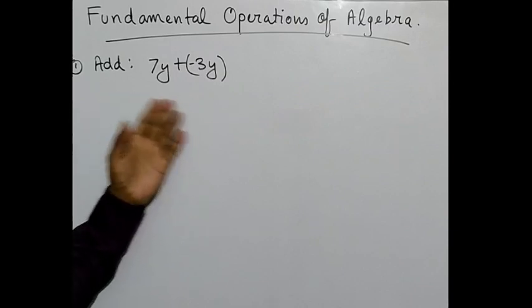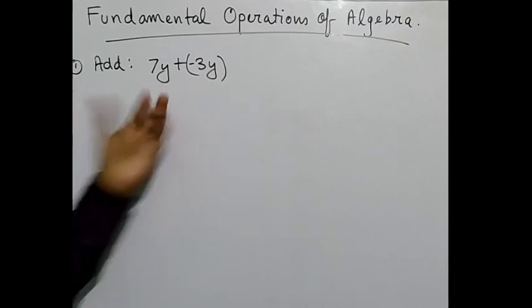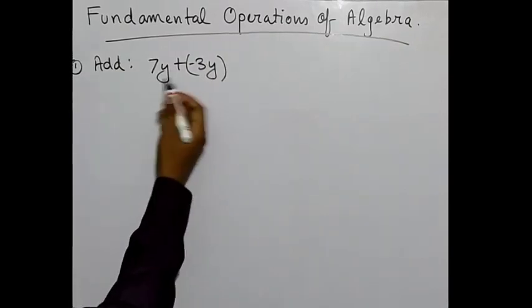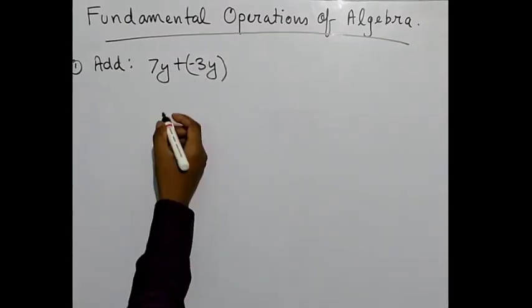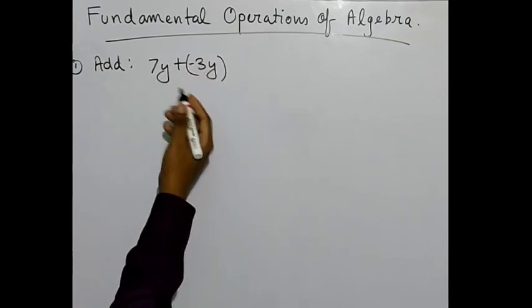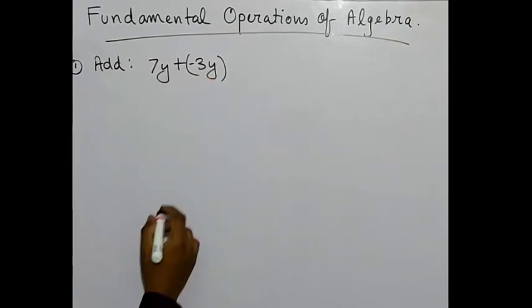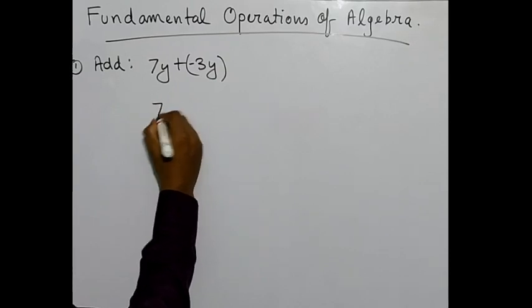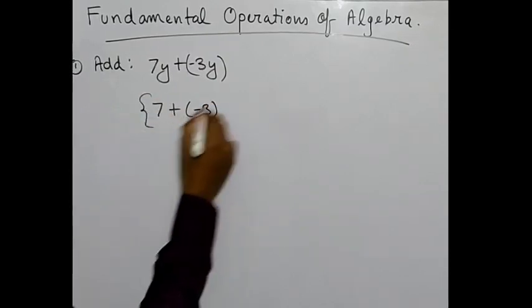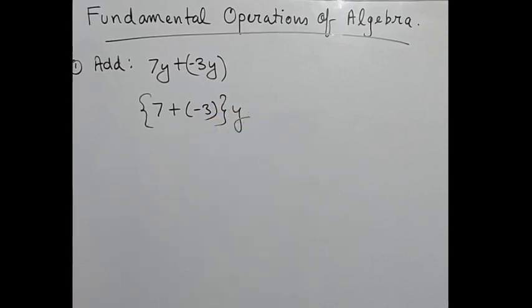Now let's take some examples of single terms and add them. So here they are like terms, so they can be added. So what is the process? We'll add the numerical coefficients of both the terms. So we'll add 7 plus negative 3, and what is the common variable? y.